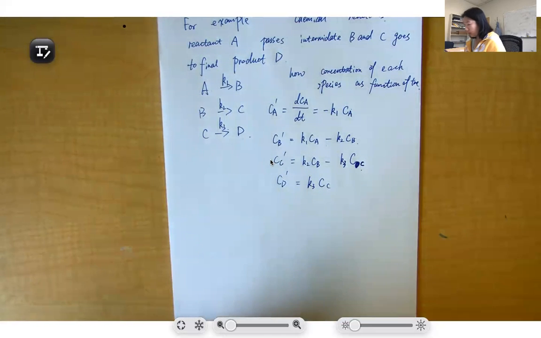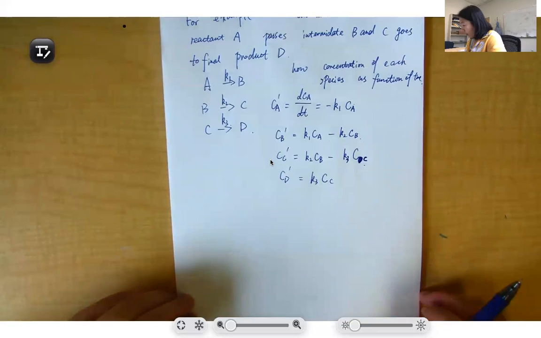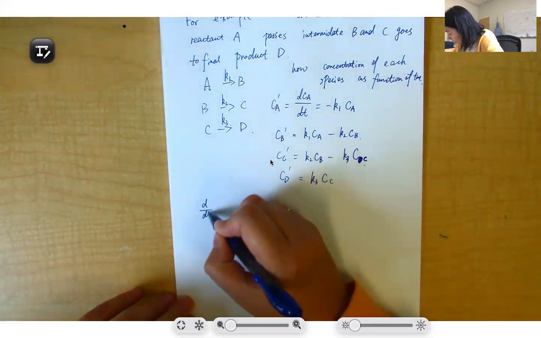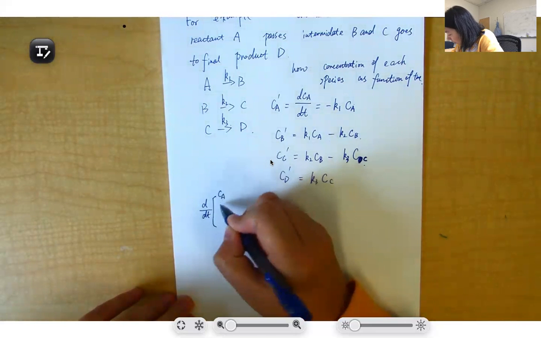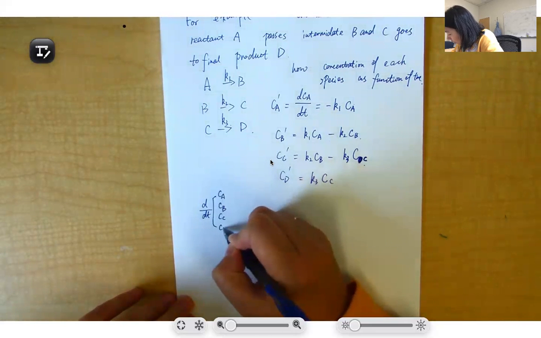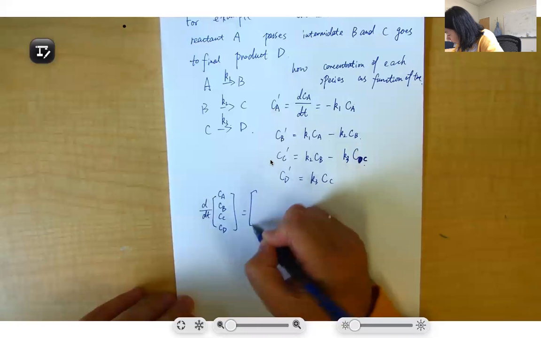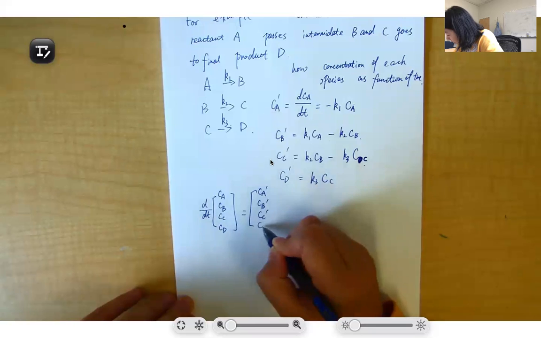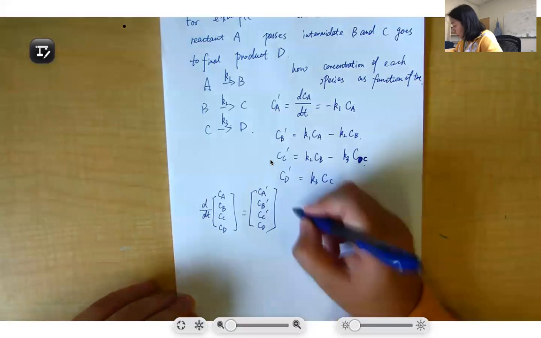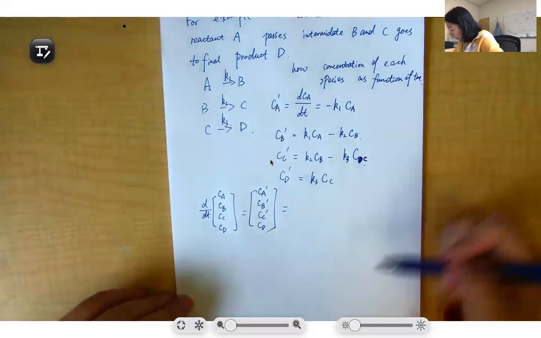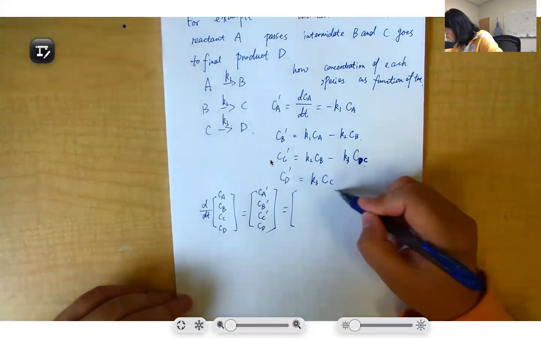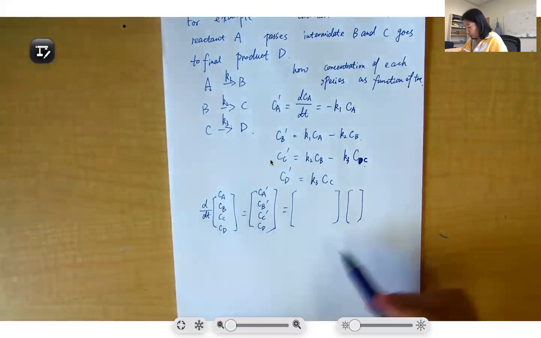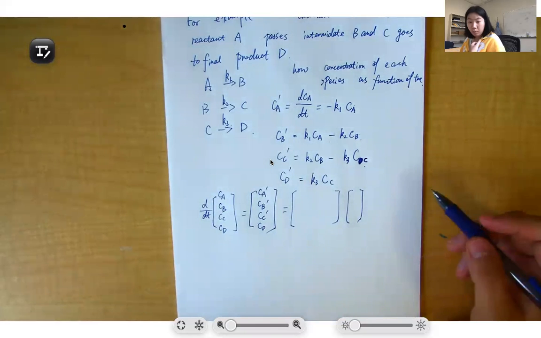linear algebra matrices. So what you can get is you can write d over dt of CA, CB, CC, CD, or you can write this as CA prime, CB prime, CC prime, CD prime. That will be equal to all the coefficients in one matrix times all the independent variables.